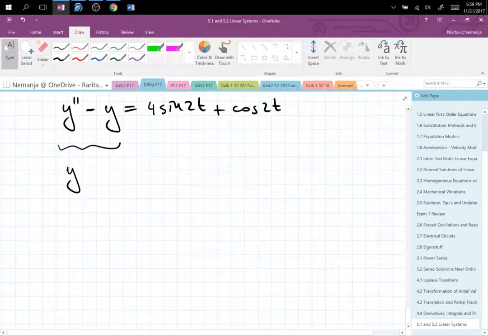I could literally copy and paste this on your exam, because this is something you are supposed to know how to solve. Now, if I write on the exam, use variation of parameters, you use variation of parameters. If I say undetermined, you use undetermined. If I don't say anything, use whatever you want. That's the way it goes.